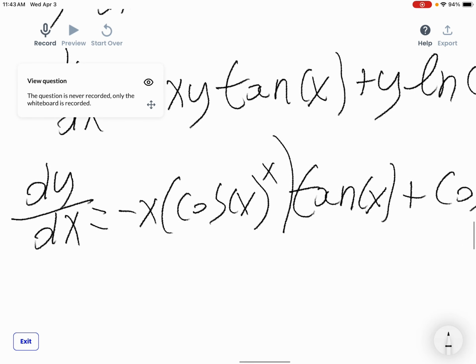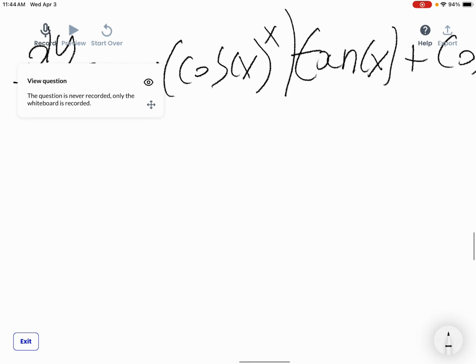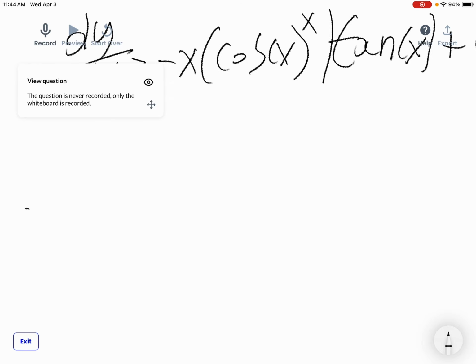If we want, we can factor out a cosine of x to the x to clean it up a little more.